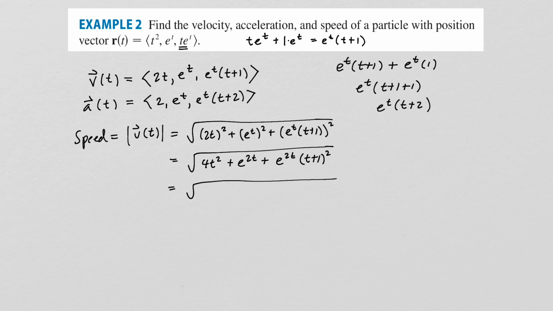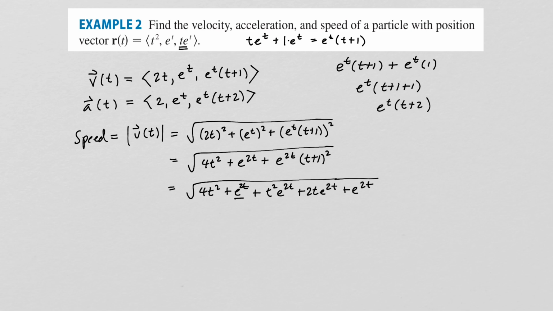And if we multiply this out, we're going to have 4t squared plus e to the 2t, plus t squared e to the 2t, plus 2t e to the 2t, plus e to the 2t.